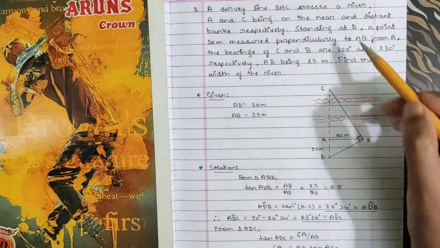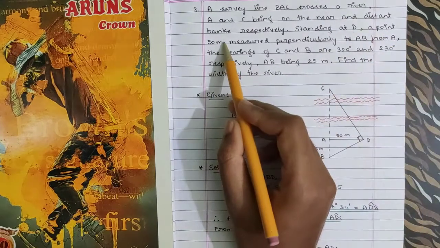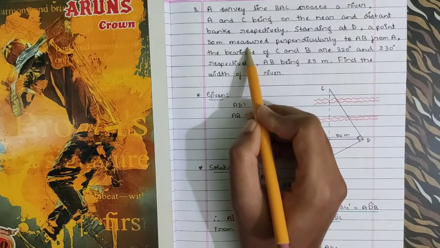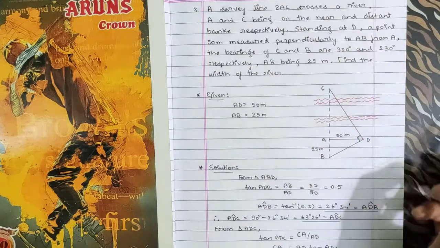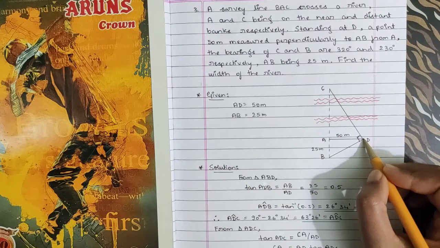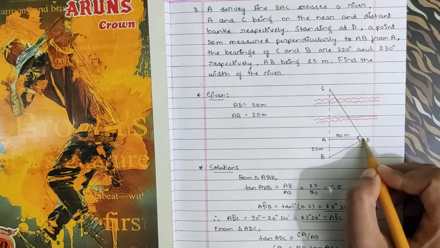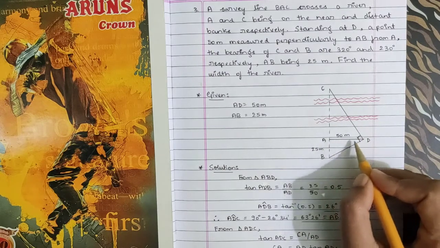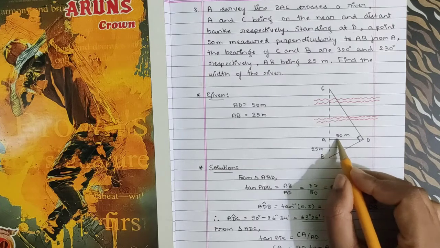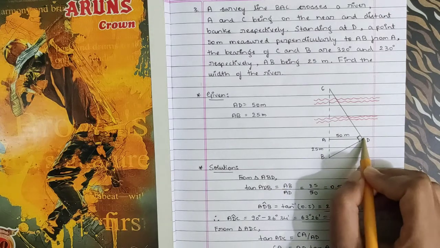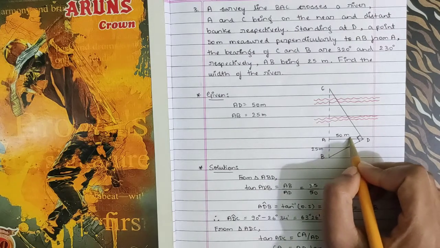Now it is said that standing at D, a point 50 meter measured perpendicular to AB from A. Standing at point D, somewhere here, a point 50 meter was measured perpendicular to AB. From AB, they have drawn a perpendicular AD with measured distance as 50 meter.